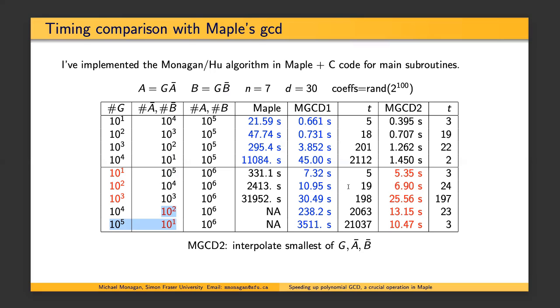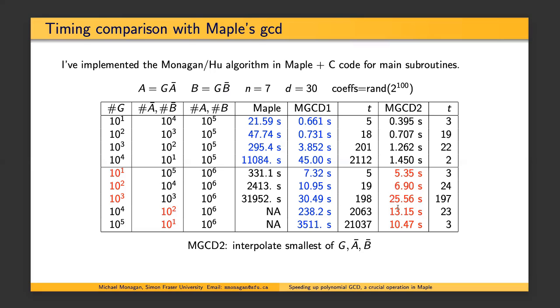So what you see in these timings before, the cost of the GCD problem simply goes up as the size of G increases. Now with this improvement, the cost increases to a maximum and then it drops back down as we start interpolating the smaller of the cofactors.